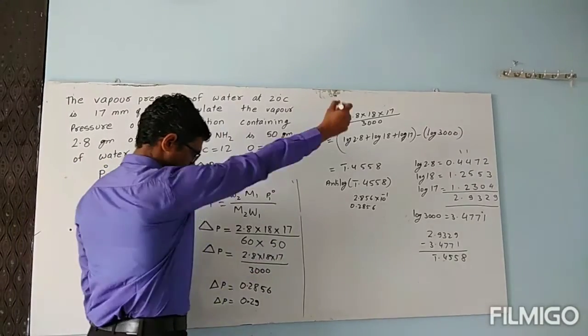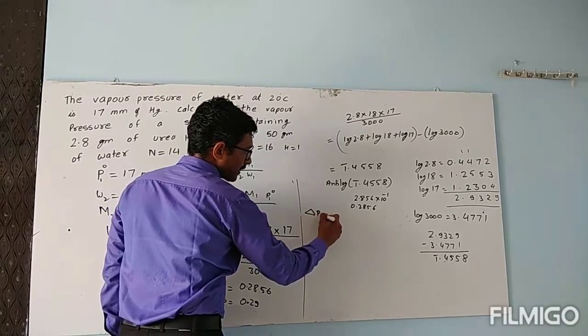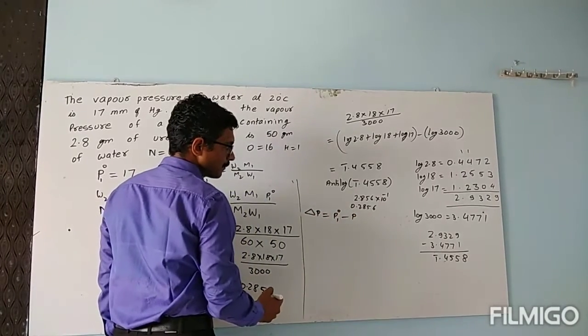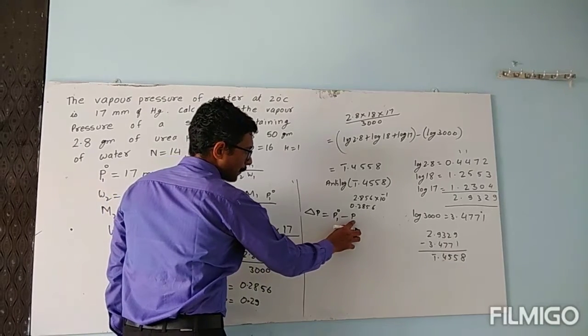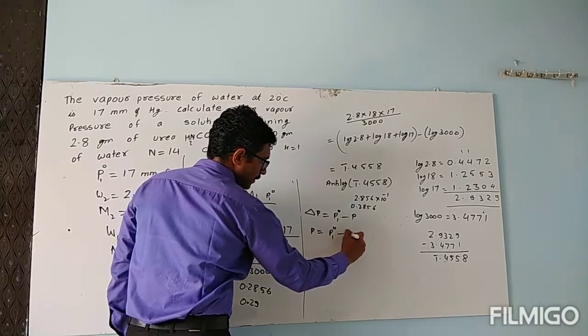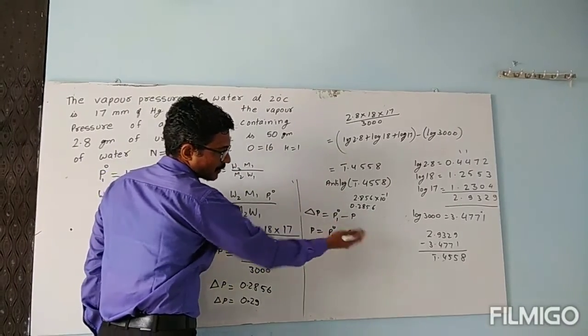Now children, delta P equals P1 standard minus P. P they are asking, so I am taking P to this side. P1 standard minus delta P. This P is coming here, delta P is moving to the other side.